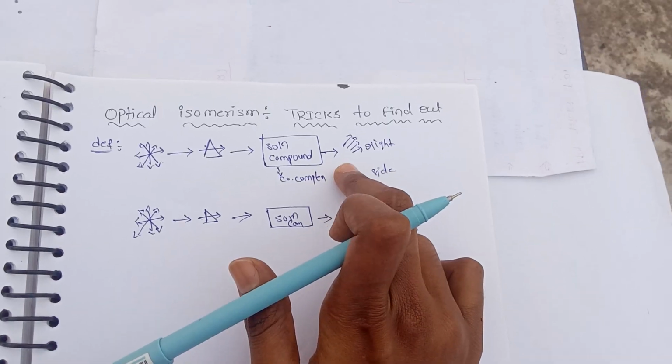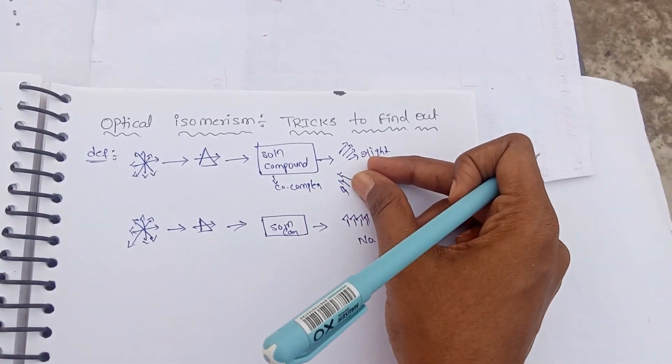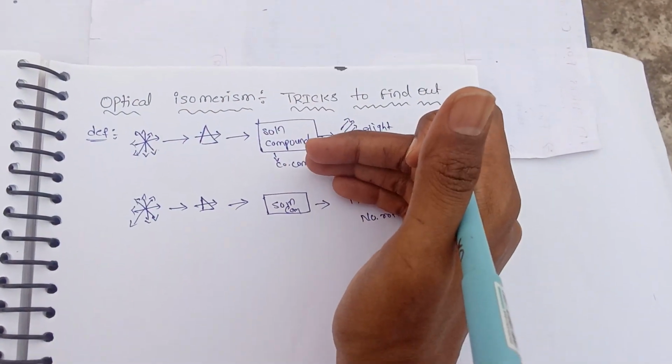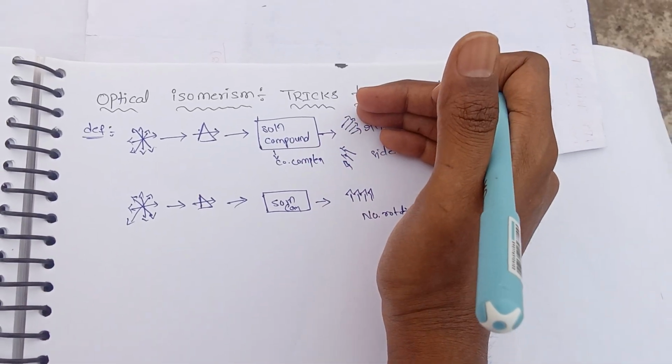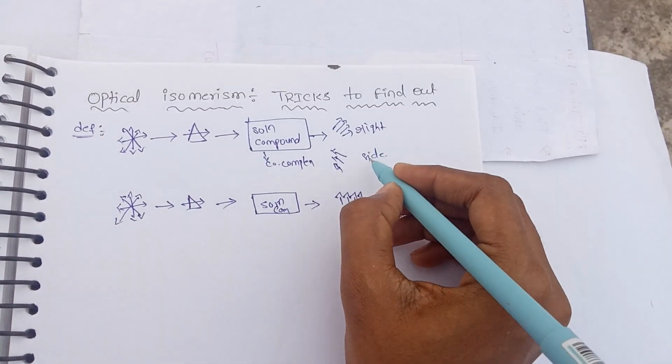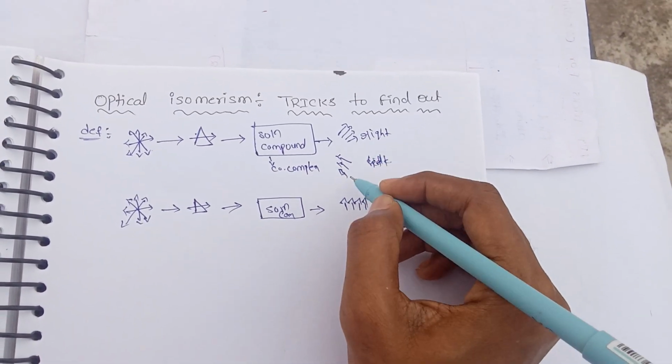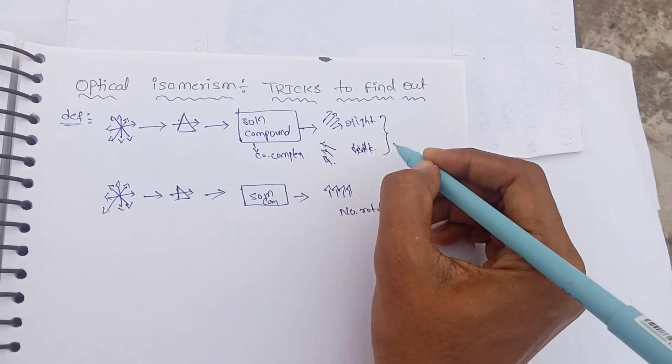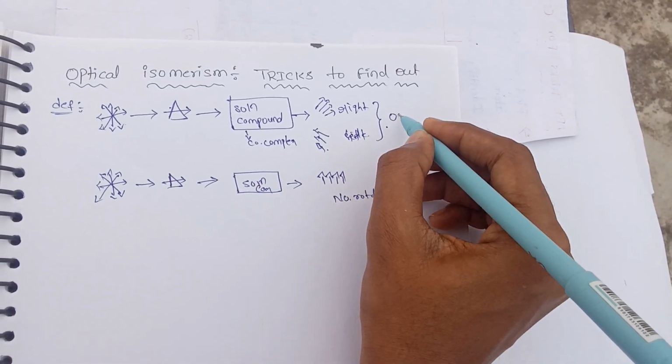That means when the light is passed through the solution compound, it will rotate. Rotate means right or left. One is right, one is left. This rotation happens, so this is optically active.